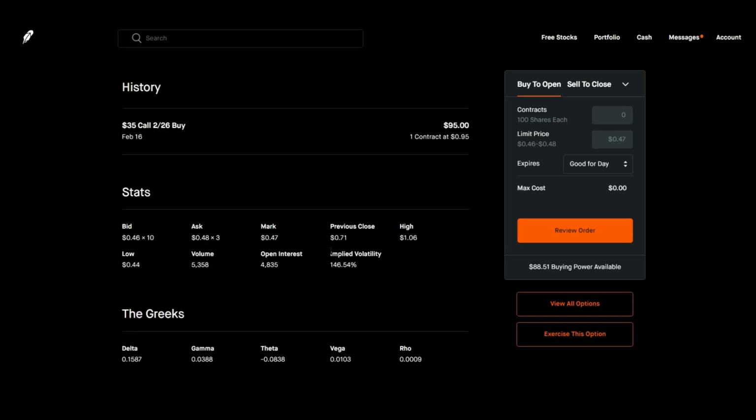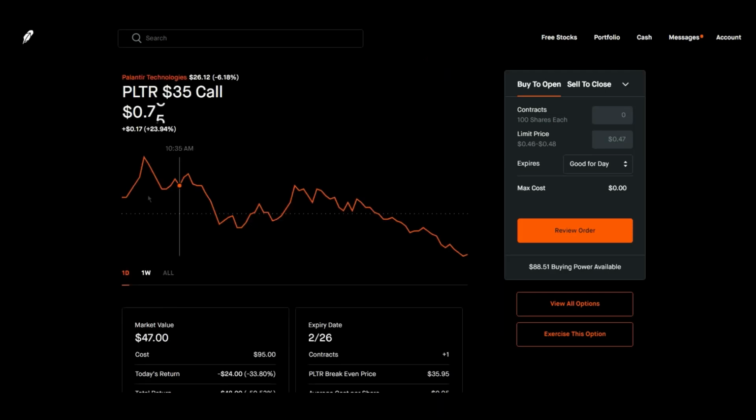So it's because that implied volatility is so high, and the rest of my Greeks are kind of supporting there to be large price movements. So it looks like people are still expecting Palantir to be extremely volatile and having a lot of volume, which is a good thing because I want it to be able to move a lot in a small period of time.